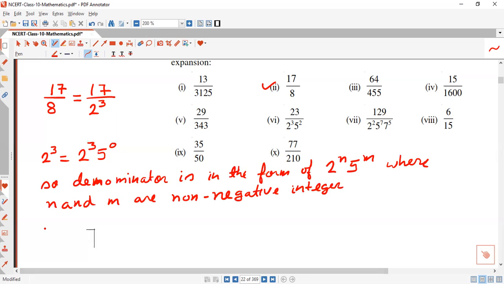That's why the rational number has a terminating decimal expansion.